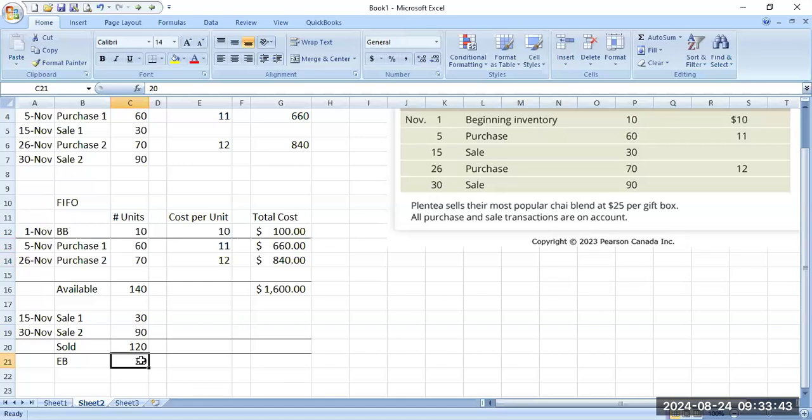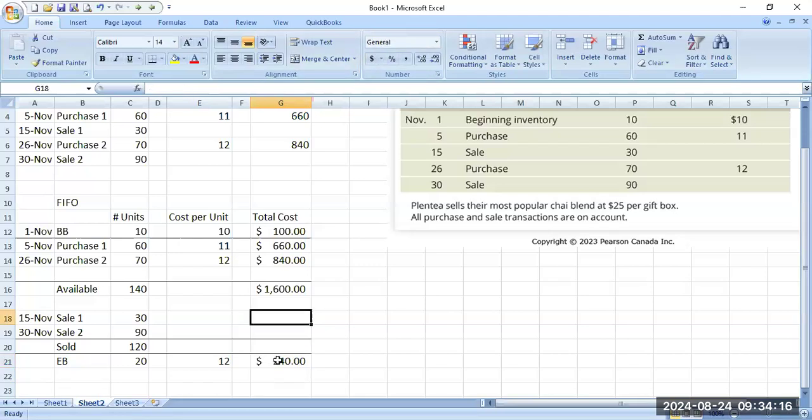The question is, what will be the cost of those 20 units that are left, having in mind that those 20 units come from the last purchase at $12? So how much is the cost of my ending inventory? That will be 20 times 12, $240. That's my ending inventory.